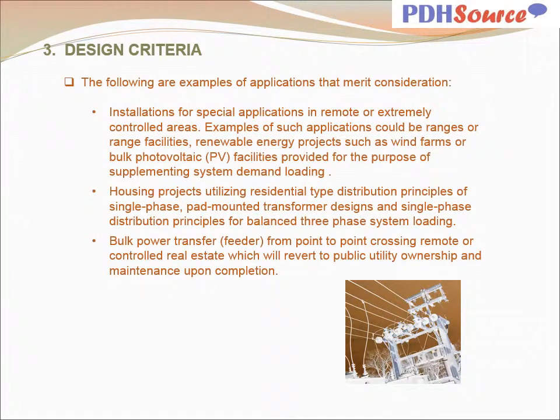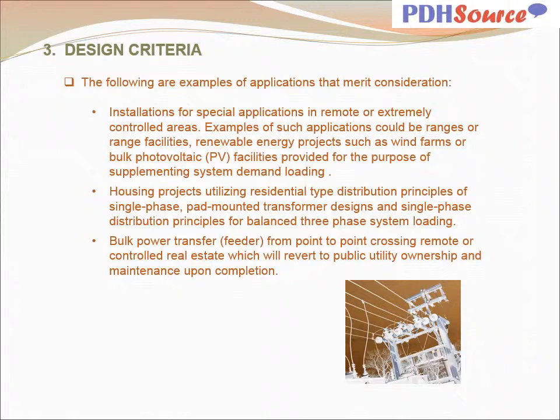The following are examples of applications that merit consideration. Installations for special applications in remote or extremely controlled areas. Examples of such applications could be ranges or range facilities, renewable energy projects such as wind farms, or bulk photovoltaic facilities provided for the purpose of supplementing system demand loading.